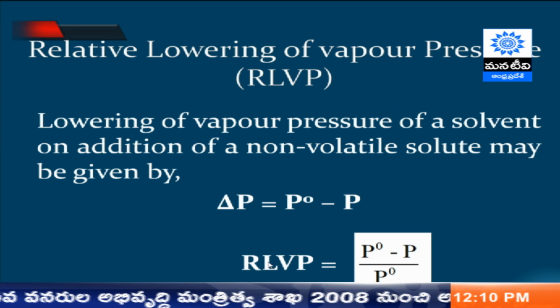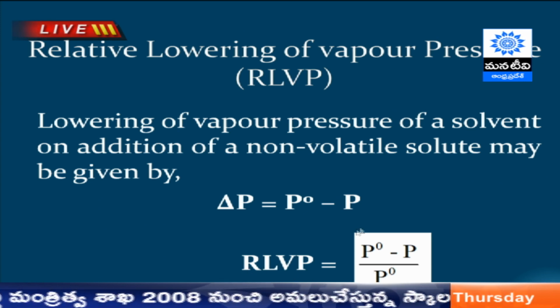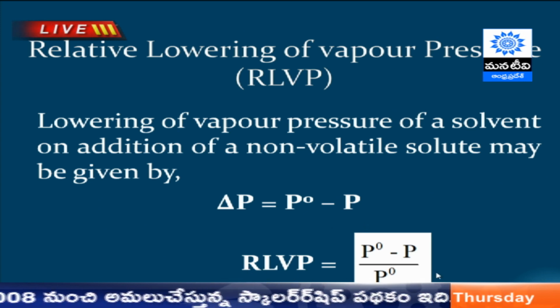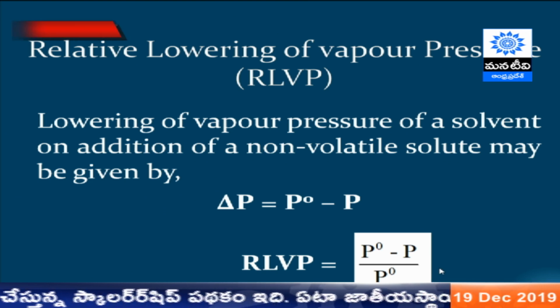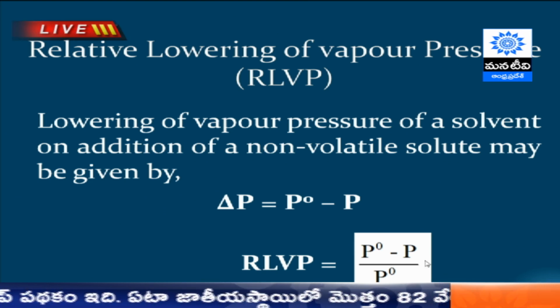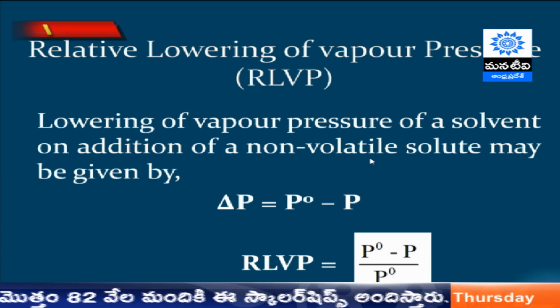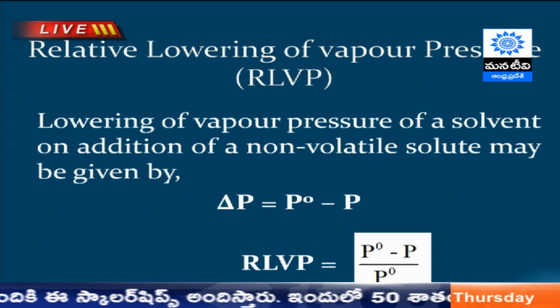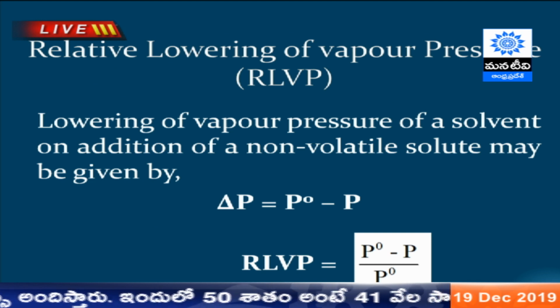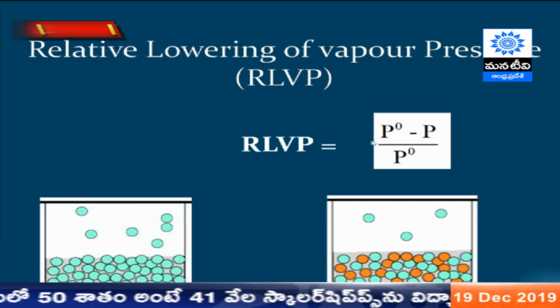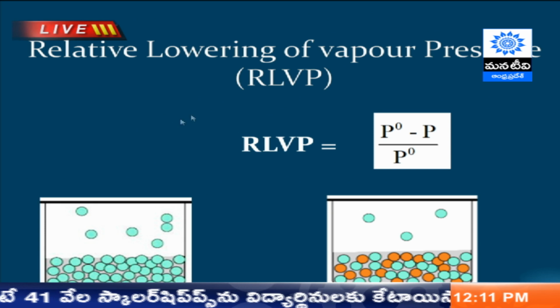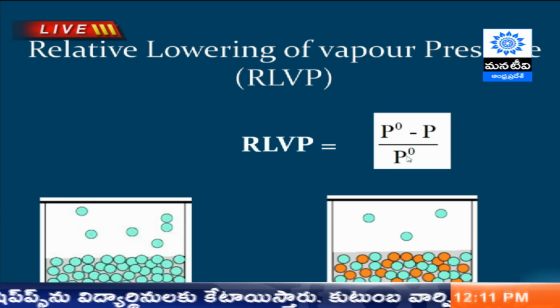Relative lowering of vapor pressure is given by the lowering of vapor pressure divided by the pure solvent vapor pressure. It is a ratio. As already stated, RLVP adheres to the statement that colligative properties depend on the number of solute particles. Hence, you can safely conclude that RLVP is a colligative property.